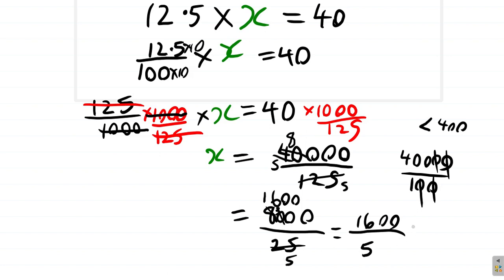Hope you have developed the skill of dealing with this type of division. You see, 5 into 5, 1. 5 into 16 goes 3 times, leaving 1. 5 into 10 is 2. And we have our 0 here. So it will be 320.